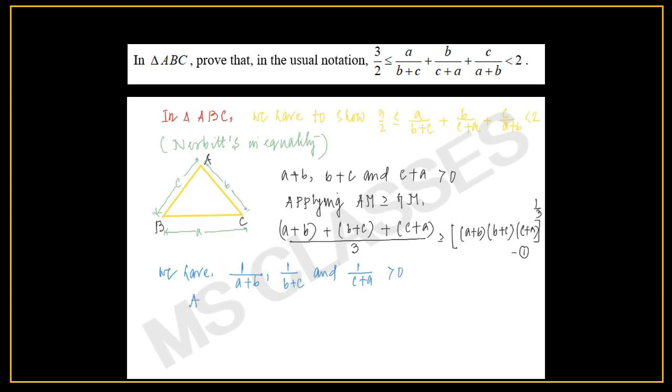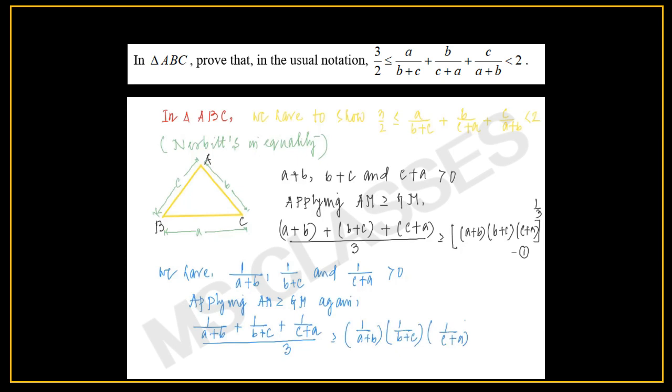So applying AM greater than or equal to GM again, we get 1 by a plus b plus 1 by b plus c plus 1 by c plus a by 3 greater than or equal to 1 by a plus b into 1 by b plus c into 1 by c plus a to the power of 1 by 3. This we mark as equation 2.